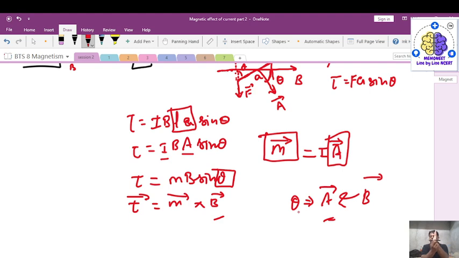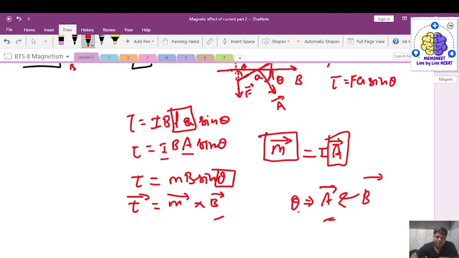And in this case, the torque on the coil will be 0. Now, if I place my coil like this, then the magnetic field and the coil have an angle of 0 degrees, but the magnetic field and the area vector of the coil make an angle of 90 degrees with each other. And in this case, the torque experienced by the coil will be maximum, right?